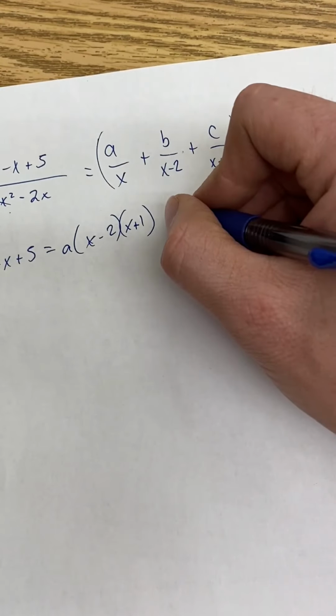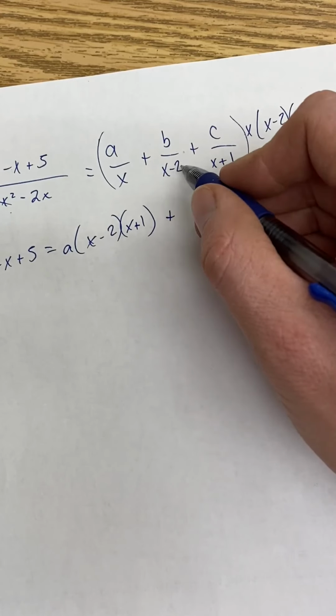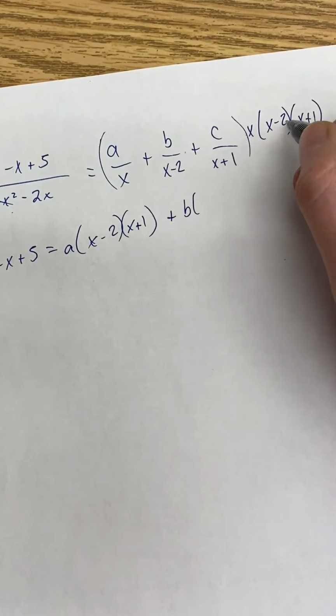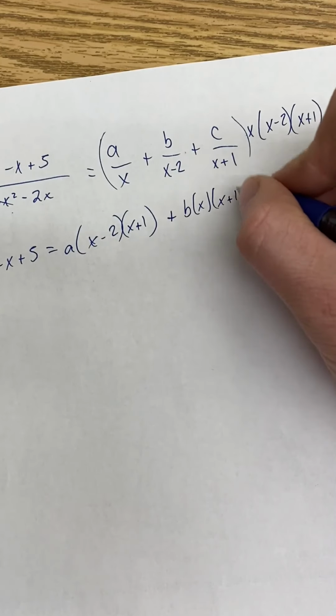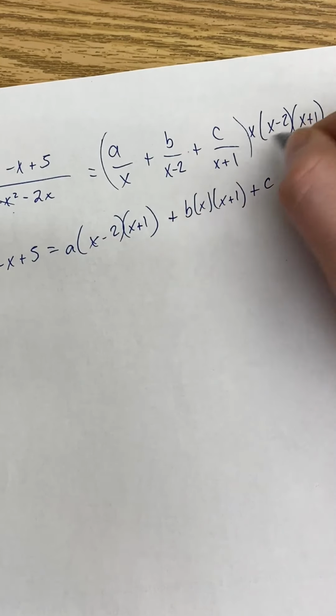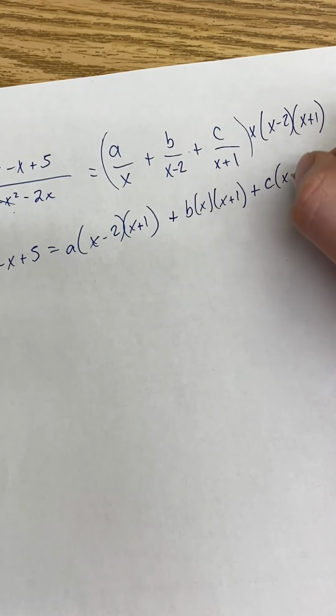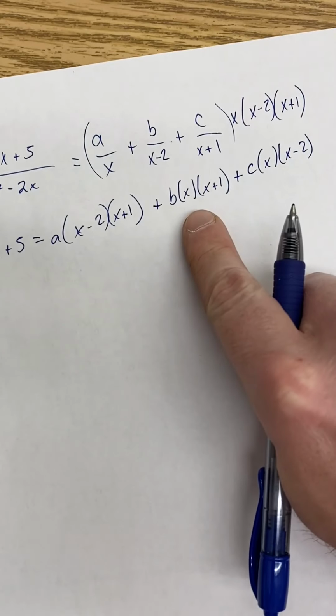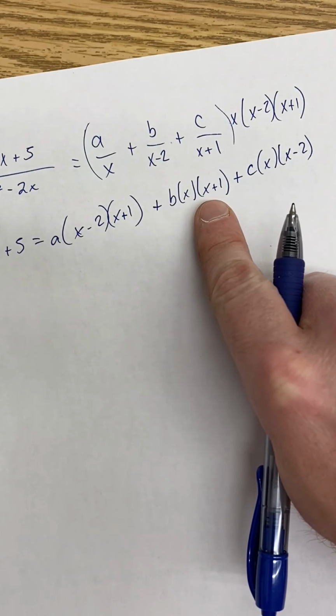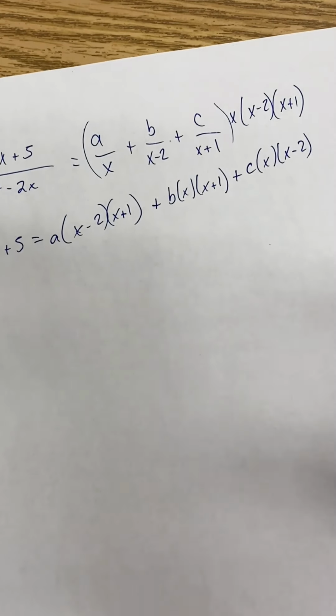That's going to probably be the worst one. Next, you would have b times, well, the x minus 2 would cancel out, so b times x plus 1. And then with the c, the x plus 1 would cancel out, so times x minus 2. And if you look at this and think it would be easier to say x squared plus 1x, that's fine, you can do that.